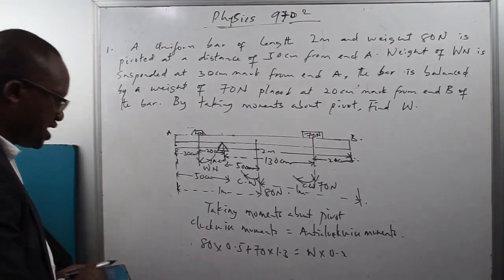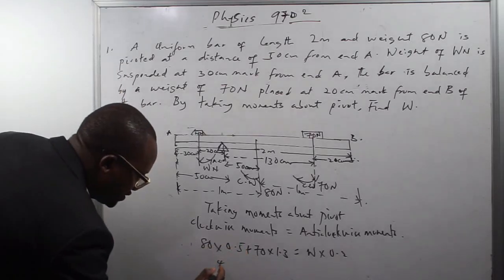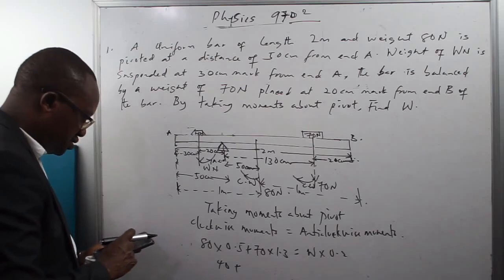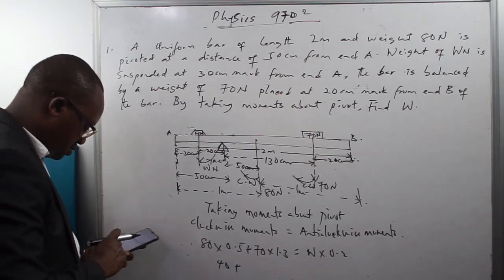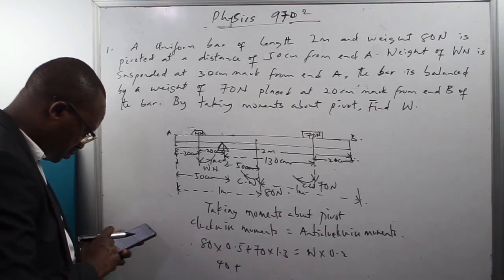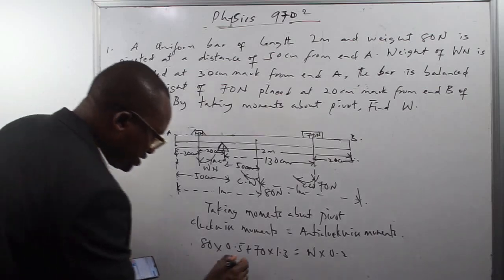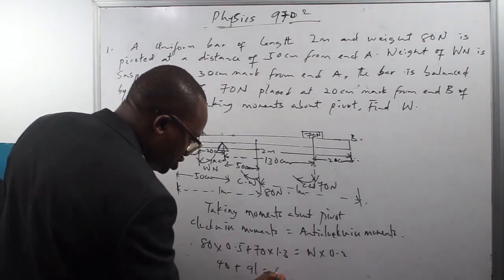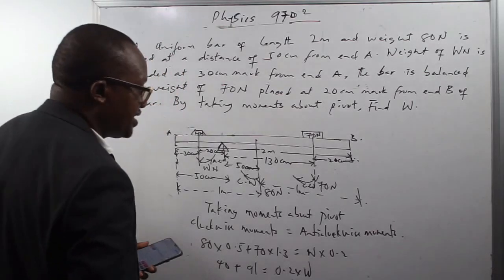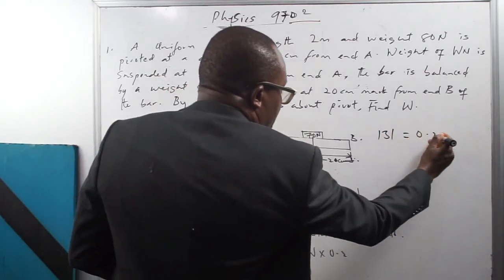But it's good that I put them in meters. 80 times 0.5 will give you 40, plus 70 times 1.3. 70 times 1.3 will give you 91, is equal to 0.2 times W. So 40 plus 91 is equal to 131, is equal to 0.2 W.